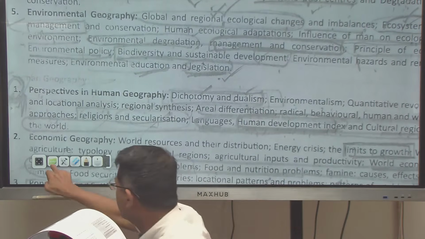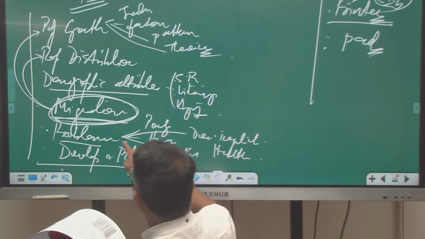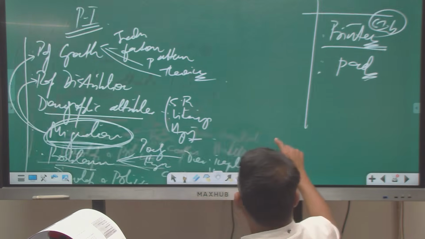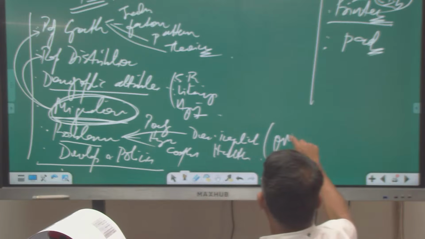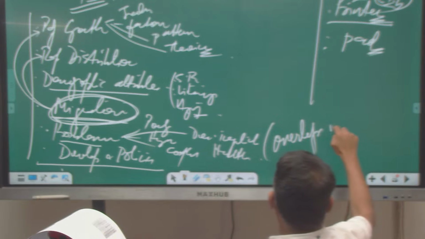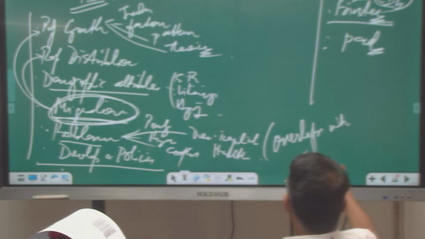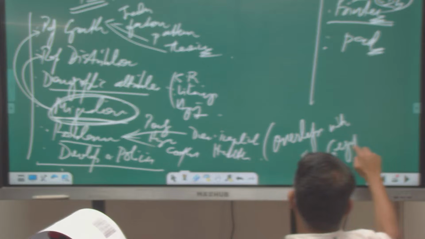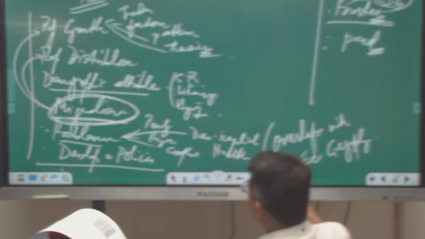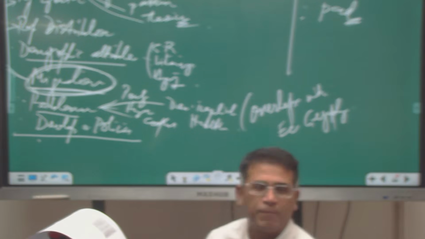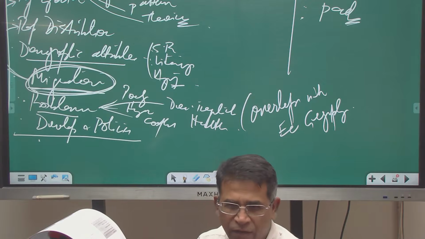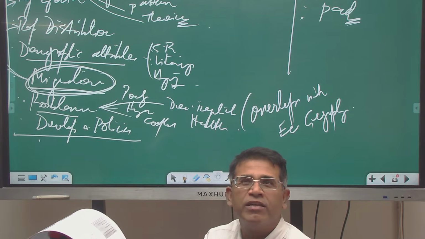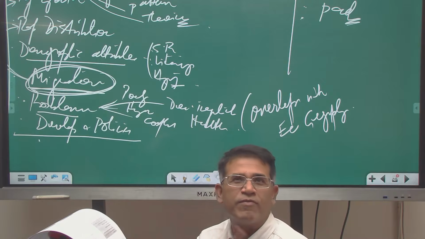So back to your notes, यहाँ लिख लो. Problems लिखा है ना, problems. This overlaps with economic geography. Hunger, famines, poverty, it'll overlap with those topics.